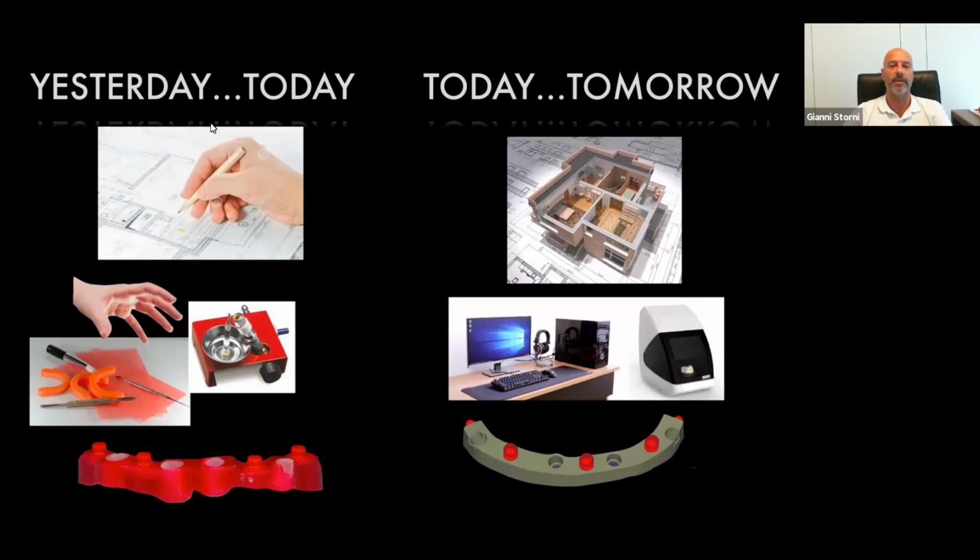So don't think that only who is really friendly with the computer may prepare correctly a bar or a frame or a crown just because he knows how to use the software or the computer. You need skill, you need experience. Only the combination between the two things helps you to create a good result.